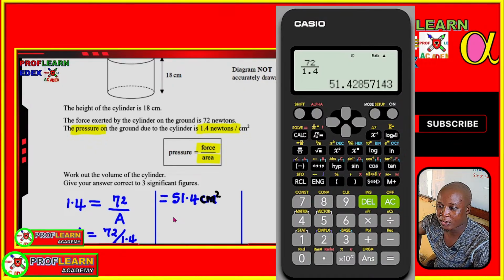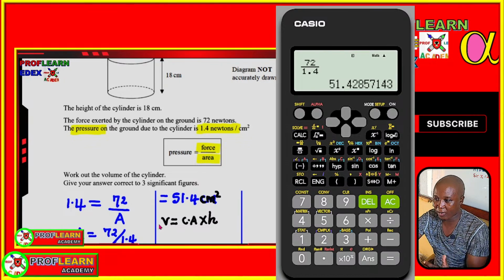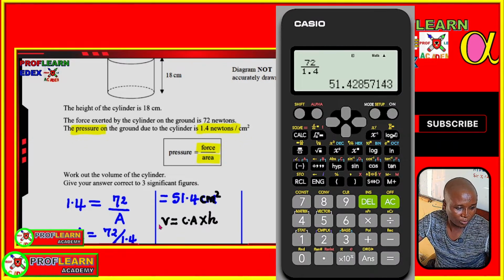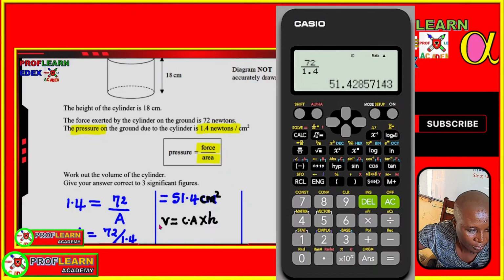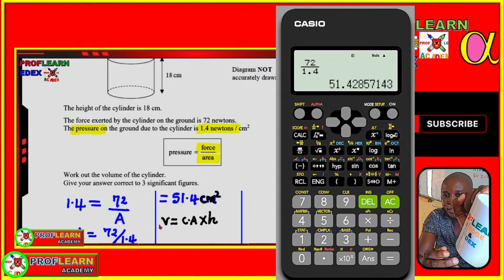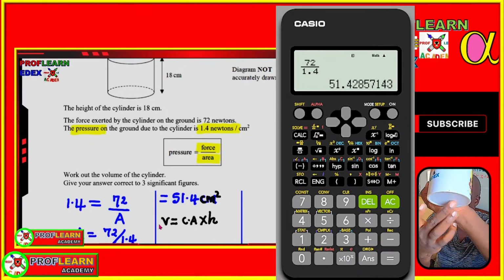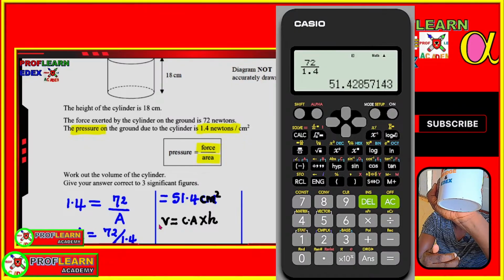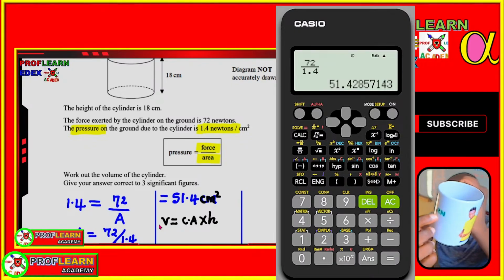Then in order to work out the volume, we know the volume formula is cross-section area times the height. We have our cross-section area now, which is the base. So if we want to find the volume of this cylinder, it will be the base of the cylinder, which we have gotten as 51, multiplied by the height.